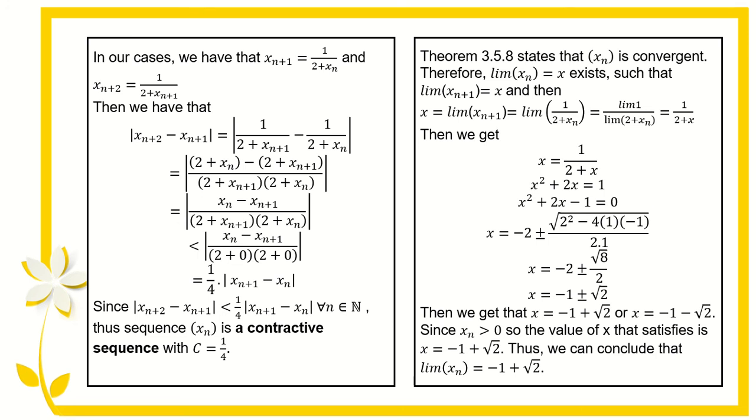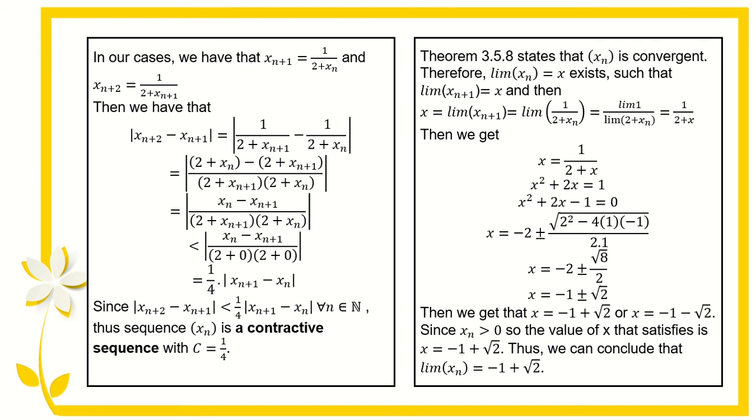Then we even the denominator. Then we have 2 plus xn minus 2 plus xn plus 1, over 2 plus xn plus 1 times 2 plus xn, equal to xn minus xn plus 1 over 2 plus xn plus 1 times 2 plus xn.